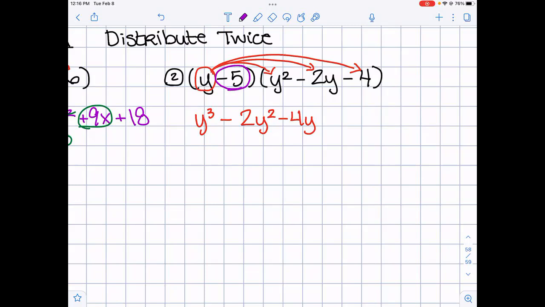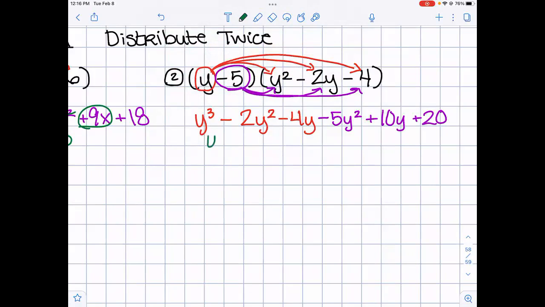Then negative 5 times y to the second is negative 5y to the second. Negative 5 times negative 2y is positive 10y. And negative 5 times negative 4, positive 20. Okay, combine like terms.